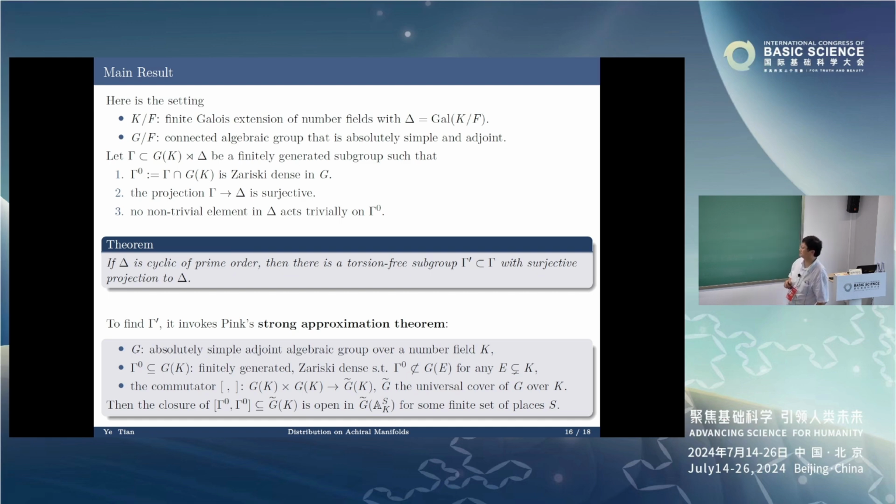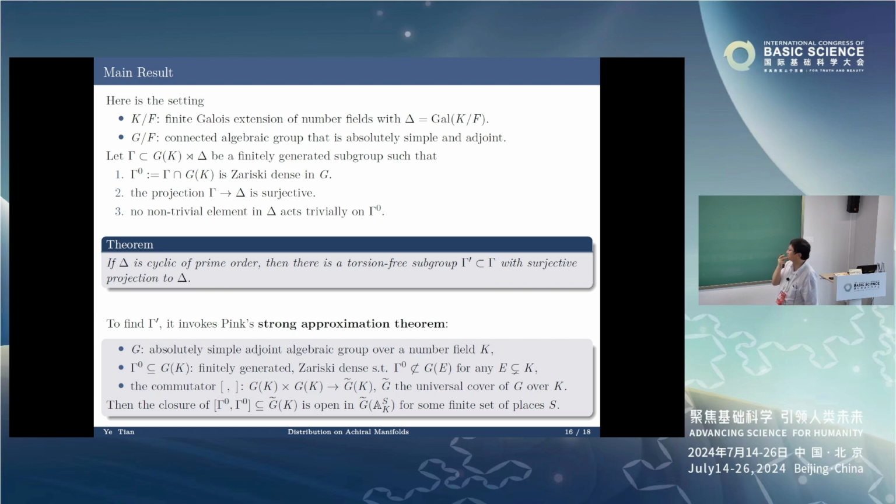So if you have this, and if delta is cyclic of prime order, then there is a torsion-free subgroup of gamma, which is non-orientable, that is, with surjective projection to delta.